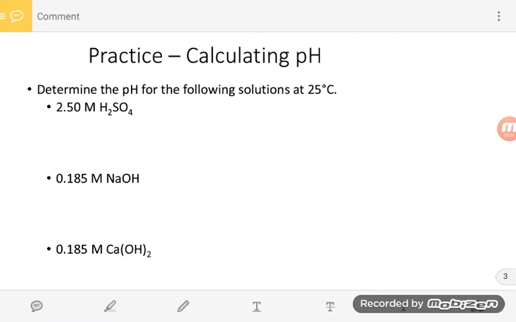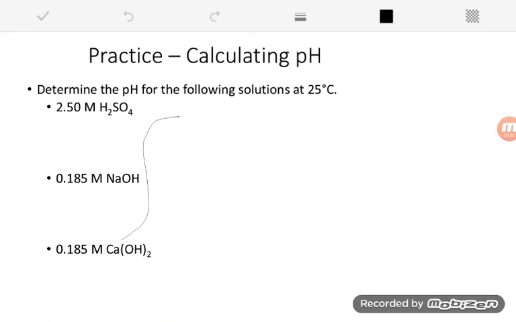All right, last example, calcium hydroxide. I'm going to put it up here so we have space. Again, it's 0.185 molar, but now I produce those 2 hydroxides. So in that case, my OH- concentration is going to be 2 times the 0.185, because for every one of these, I'm going to produce 2 hydroxides. So 2 times 0.185, my OH- concentration is going to be 0.370.